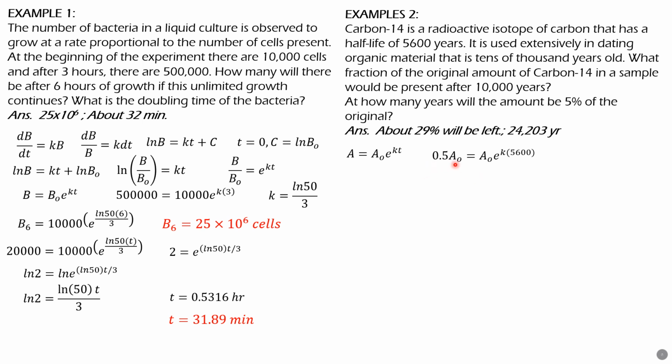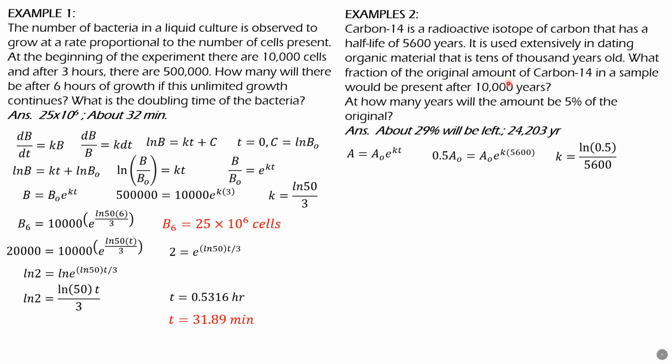So ln of 0.5 equals k times 5,600. Therefore, k is ln of 0.5 divided by 5,600. So the formula is A equals AO e to the ln of 0.5 over 5,600 times time.